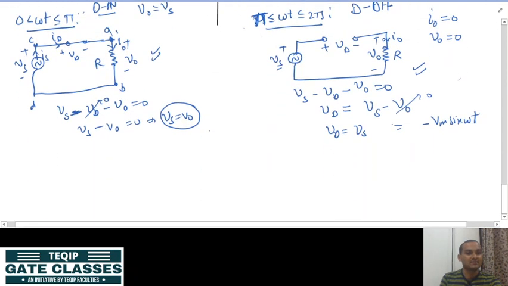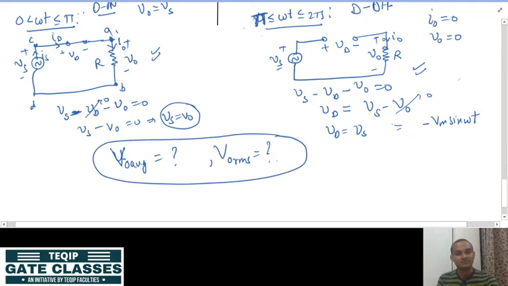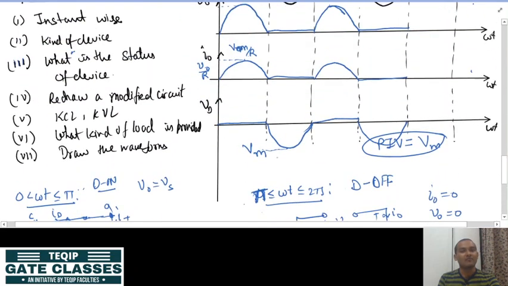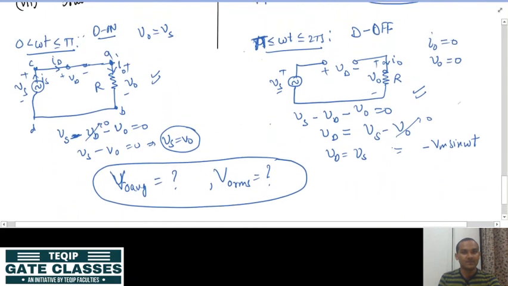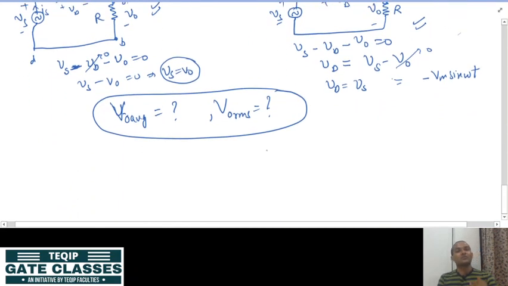Now it is homework for you to determine the V naught average and the V naught RMS of this circuit. Please write it in the comment section. You have to practice this. When you analyze this mathematically, then we will get these values also. Now this is for the R load.